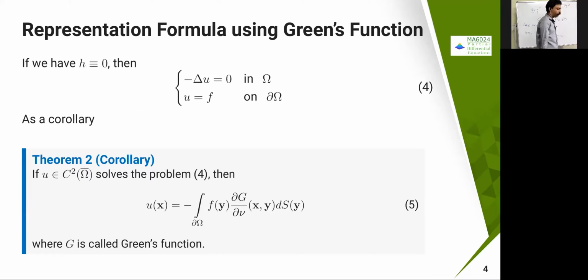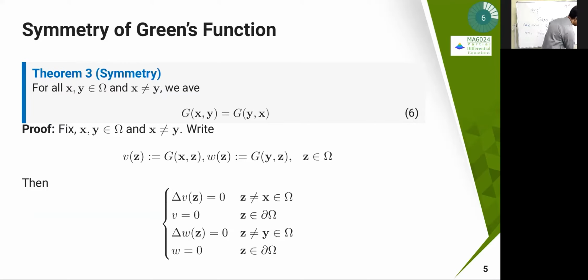Now the next one is the symmetry which I stated: G of x, y equals G of y, x. Let us give a simple proof. The proof is again based on the previous claims 1 and 2. I pick some x, y in omega such that x is not equal to y.